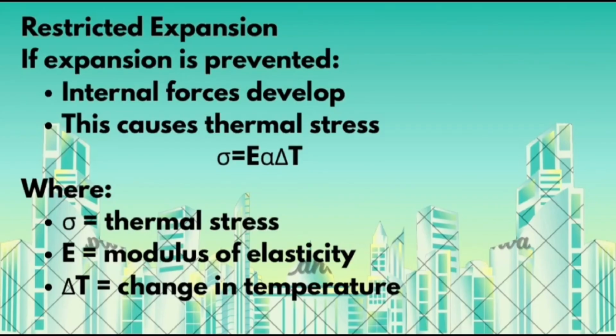Next we have restricted expansion. If expansion is prevented, internal forces develop. This causes thermal stress. So a material that cannot expand develops internal forces inside of it. This is what you call thermal stress.